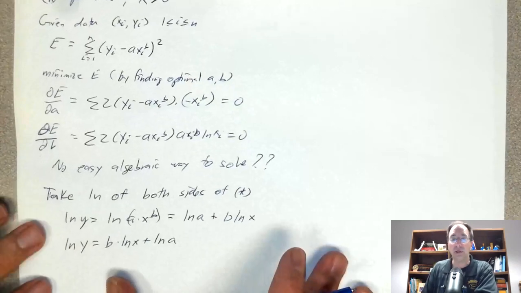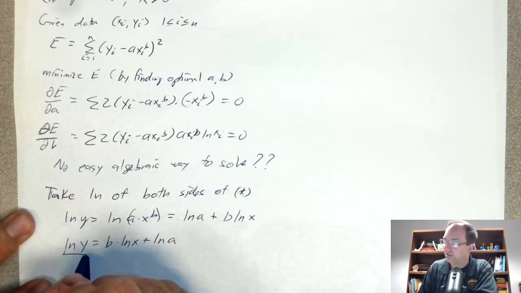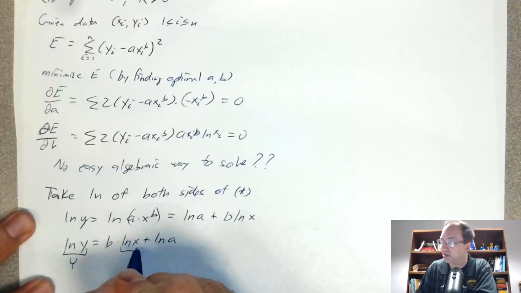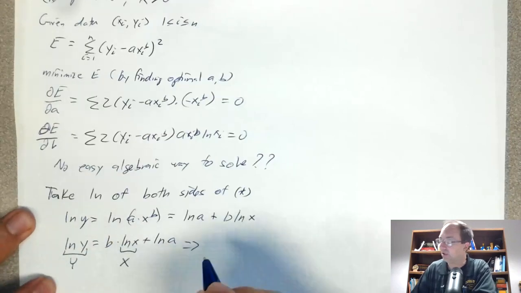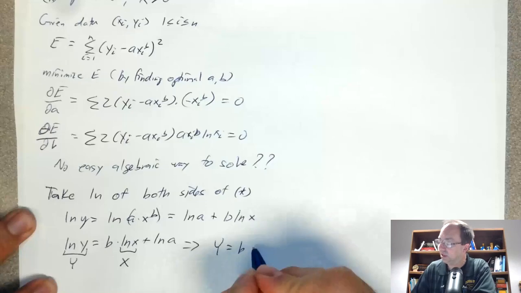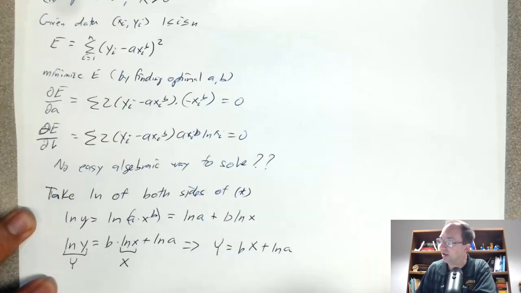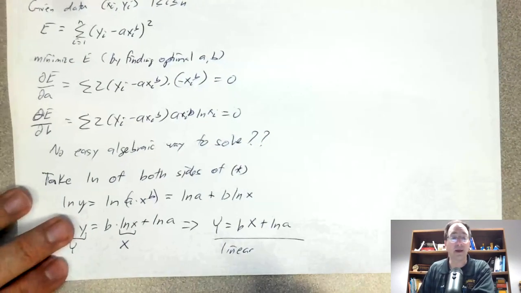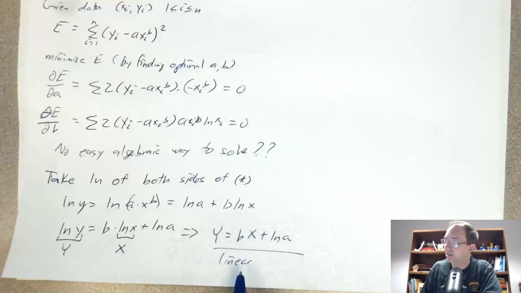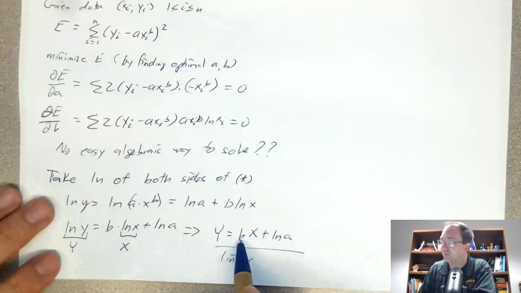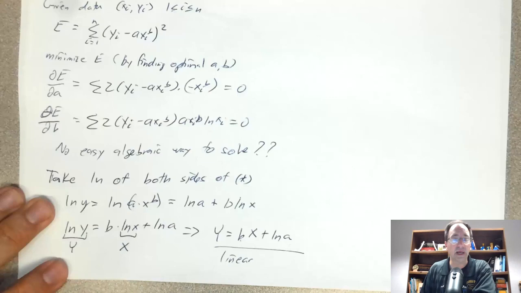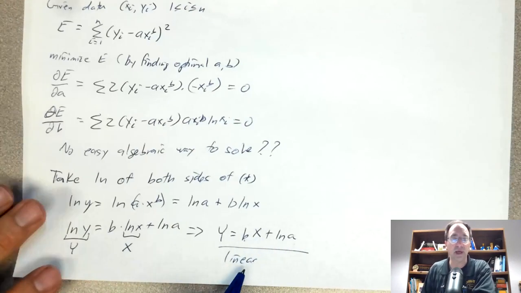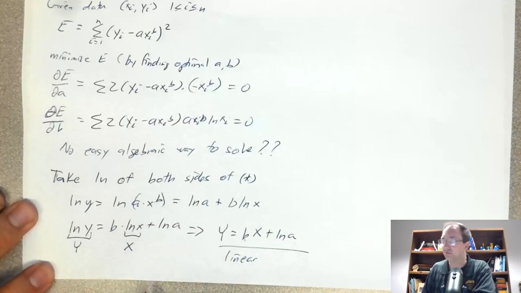And notice, if I call this capital Y, let's say, and call this capital X, then what I really have is Y equals bx plus natural log of a, and this is linear. And so now I can apply our regression techniques to this new set of data and solve for b and natural log of a. And once I know b and natural log of a, a slope and an intercept, then I can transform them back into a and b, which will solve the original problem.